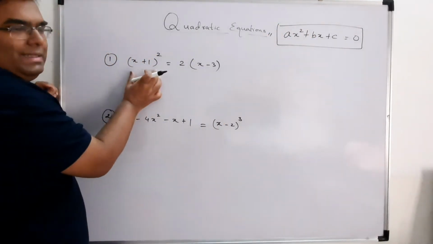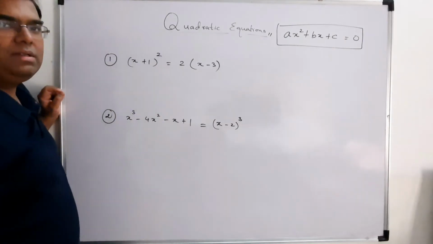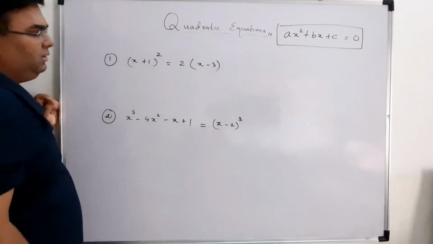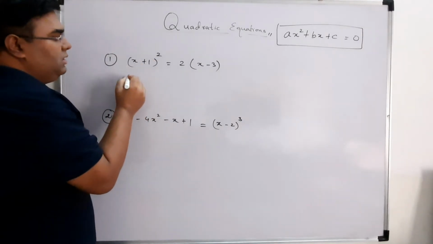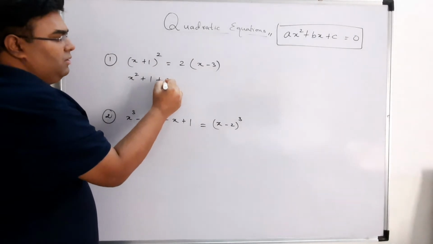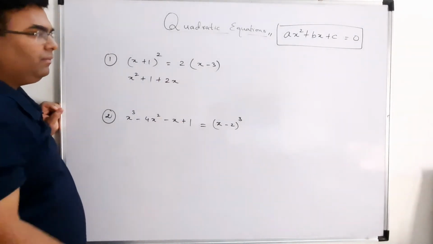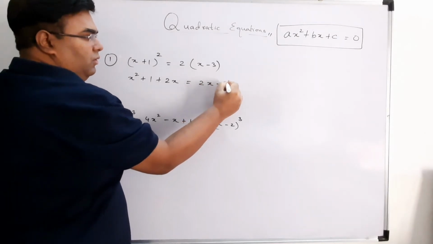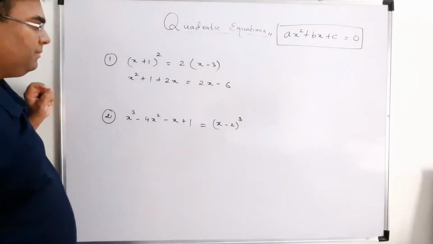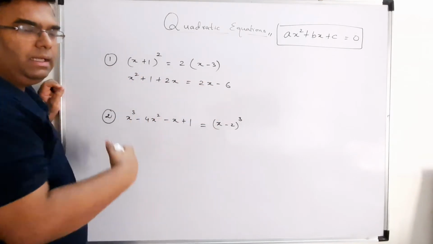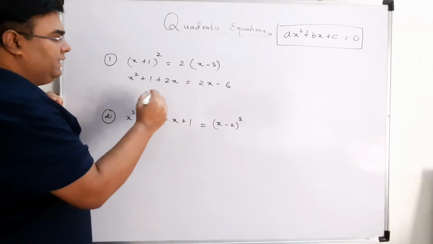But here it is x plus 1 whole power 2, right? So if you expand this term, the binomial term, which is a square plus b square plus 2ab, and here also if you multiply it like this, right, and then you put all the things to the left hand side.